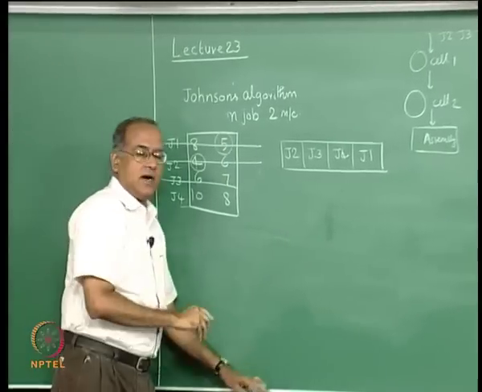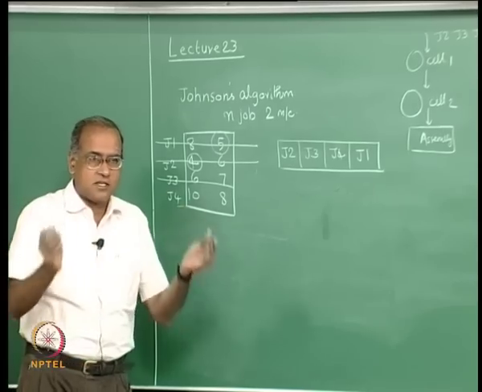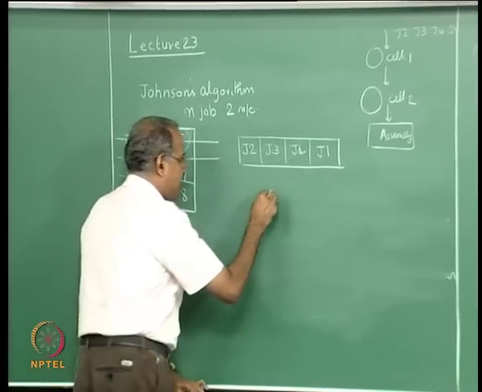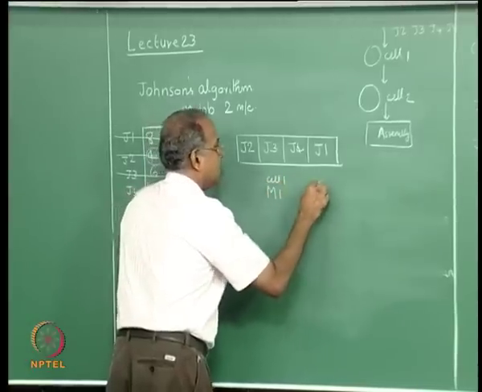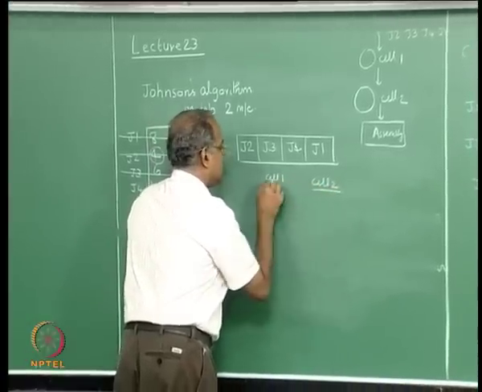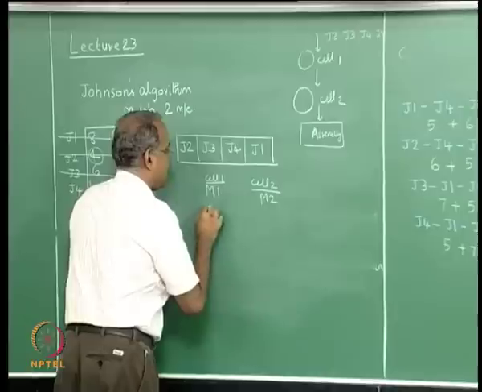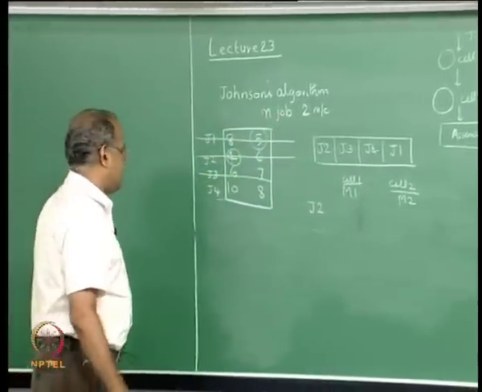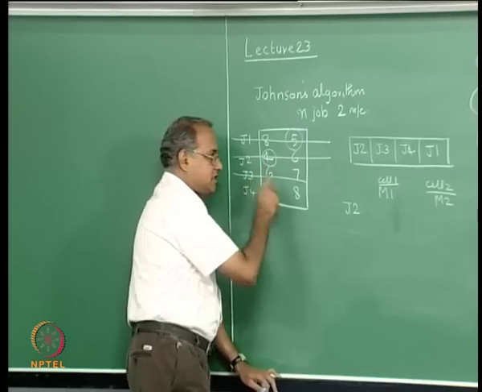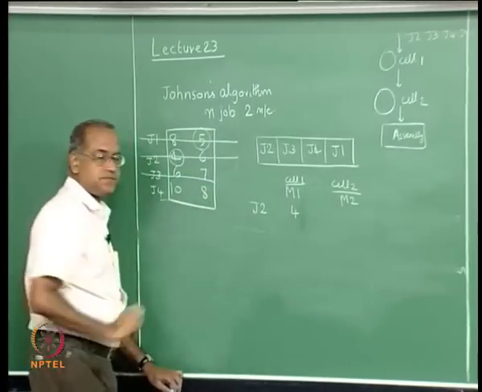Now what do I do? I calculate the schedule for this. So I will say M1 here or cell 1 here, cell 2 here, which is notionally called M2. So J2 will enter, J2 will finish at time equal to 4.